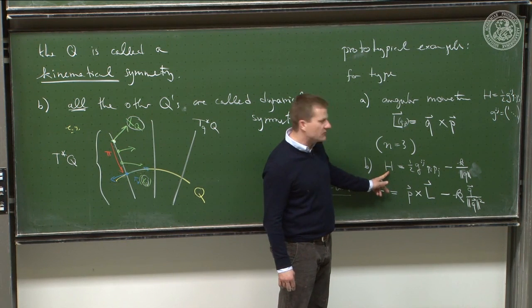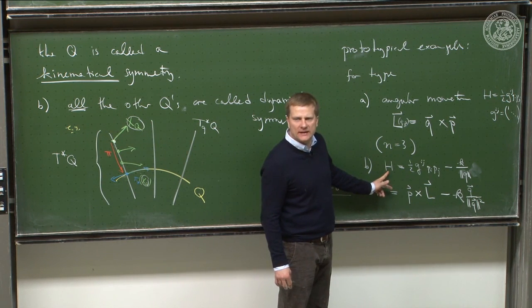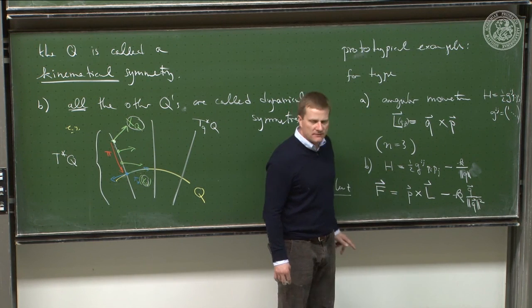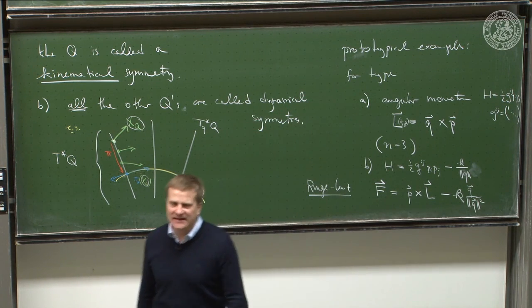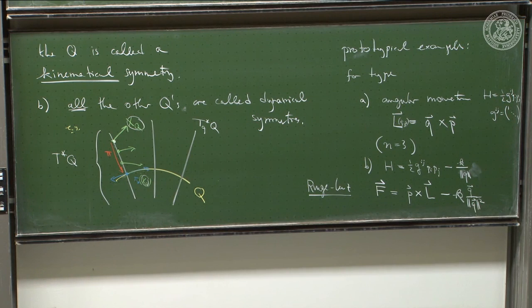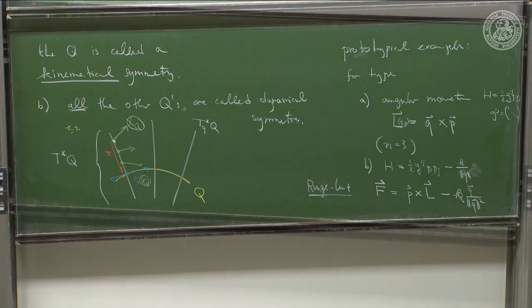One can see this very quickly, but we'll do this after the break when we'll also develop the theory of Killing tensors. So far we talked about Killing vectors, and with Killing vectors on the Riemannian Q manifold, you understand the kinematical symmetries. If you want to understand the dynamical symmetries down on the Q manifold, you need Killing tensors.